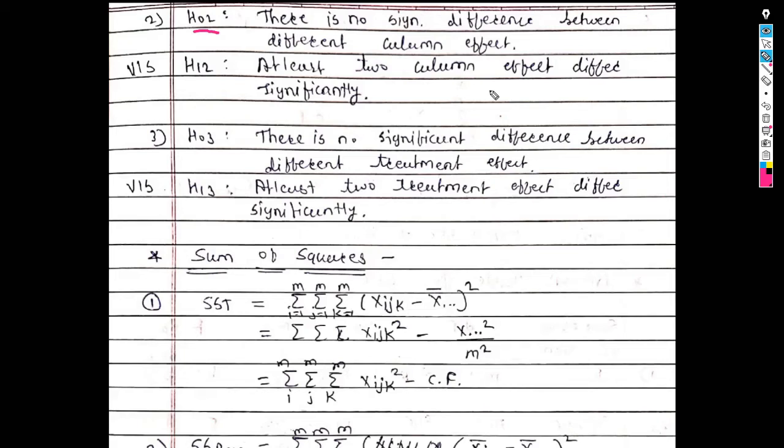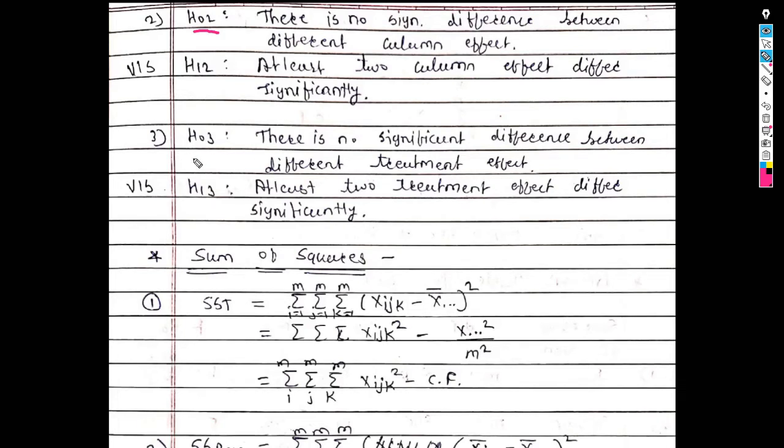In that real life situation, our column effect is batches of raw material. So H02: there is no significant difference between batches of raw material. It means our raw material does not differ significantly, or its effect is not significantly different. So this is our second hypothesis about column effect.